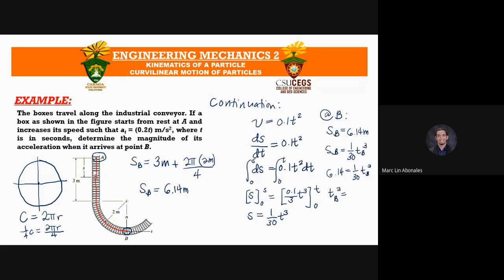What is the value of 6.14 times 30? 184.2. So that would be 184.2, and now we can take the cube root.